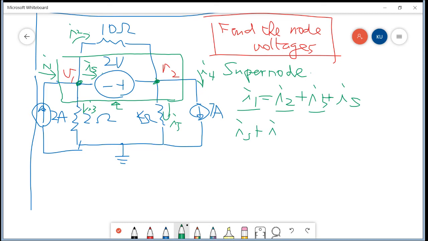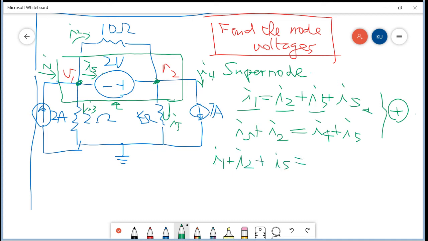And for the right-hand side node, IS is going inside. Also, I2 is also going inside. And actually I4 and I5 are going outside. This is S, not 5. This is also S. So when we add them together, on the left hand side, it will become I1 plus I2 plus IS.